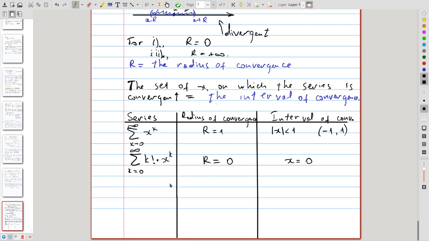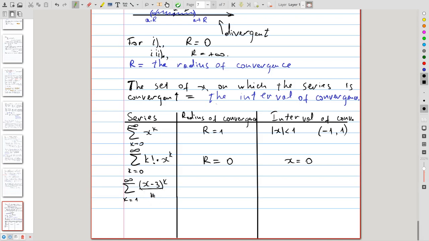The next series that we discussed was the sum for k from 1 to infinity of (x minus 3) to the k divided by k.